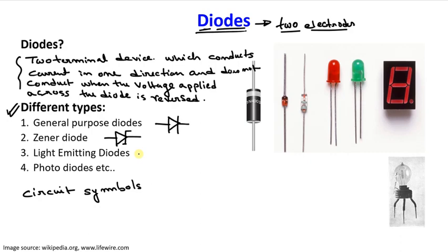In the case of light emitting diodes, which should emit light, generally this symbol is used to indicate the emission of light from the diode. And in photodiodes, conductivity changes when light falls on it, so the light has to fall on it. So its circuit symbol is like this.